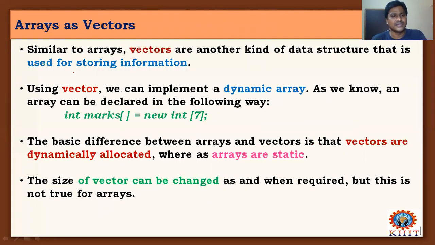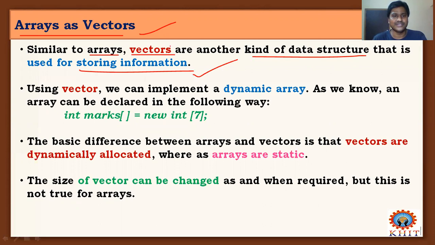And coming to the last topic, arrays as vectors. Vectors are similar to arrays. These vectors are considered another kind of data structure that is used to store information.